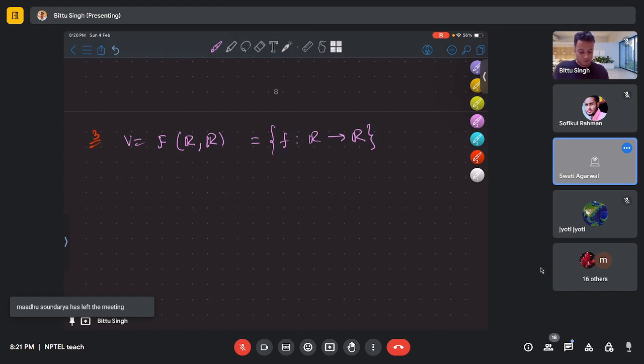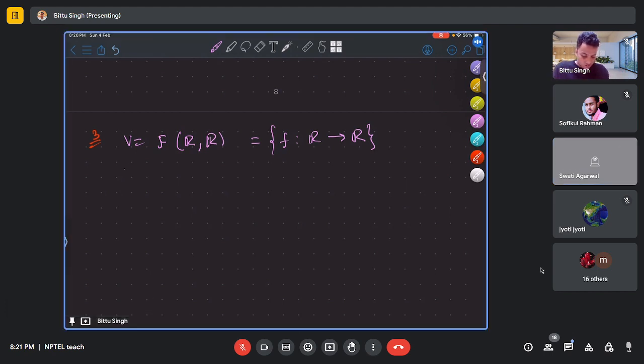The subset W, we don't know yet if it is a subspace or not, but W is defined in this way. Take all functions from R to R, that is, all functions from V such that f vanishes at some point, for example, f vanishes at 1.